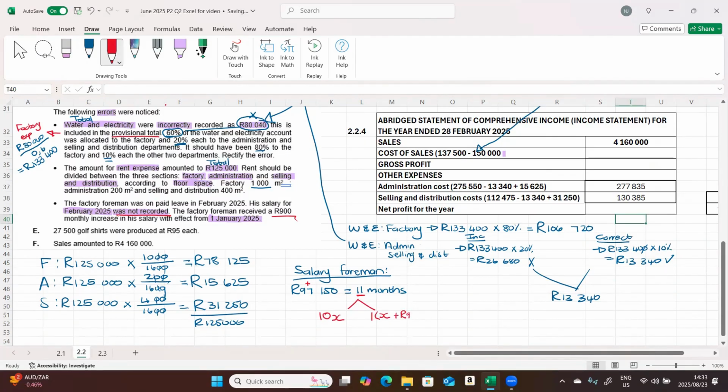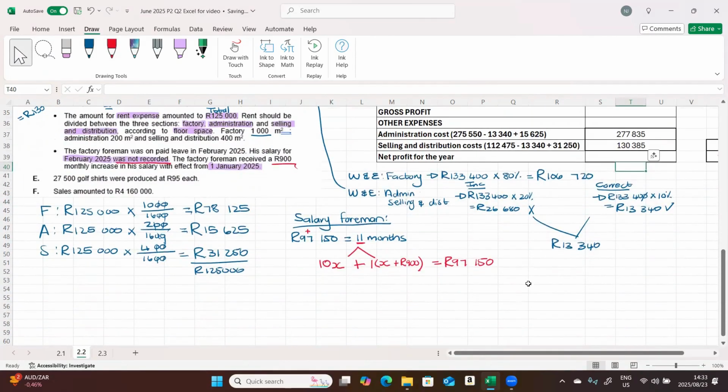It's the normal salary plus 900 Rand for 1 month. That plus that will equal the 11 months, 97,150. So that is how you write your equation to solve x with.